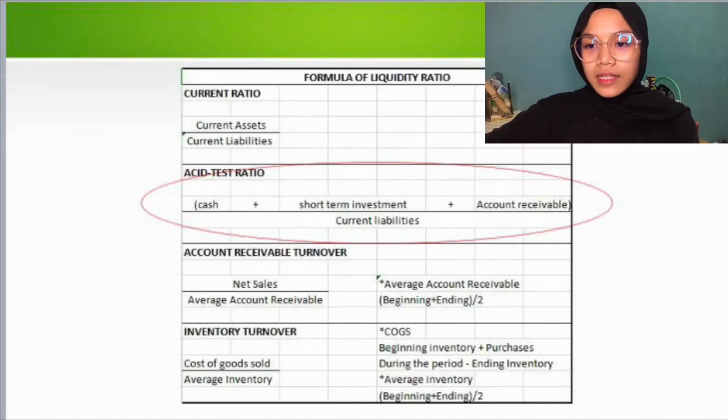Next, the acid test ratio. For this part, the cash, short-term investment and accounts receivable are added together, then divided by the company's current liabilities. Unfortunately, there is no short-term investment made by Jaya Tiasa Holding Berhad in 2020.